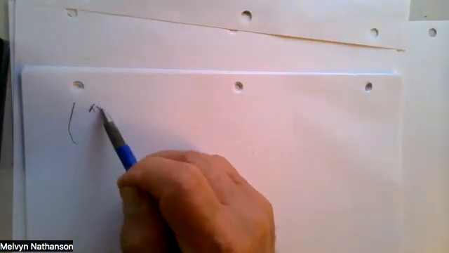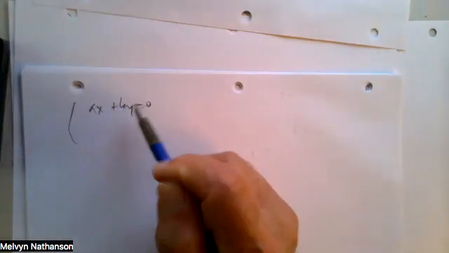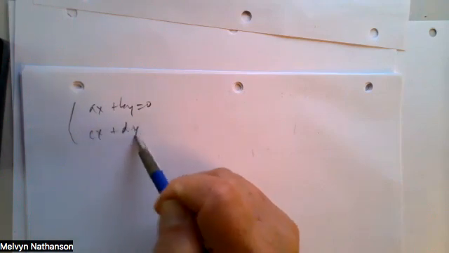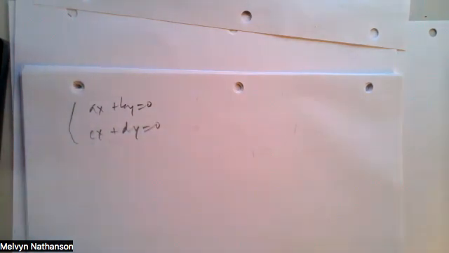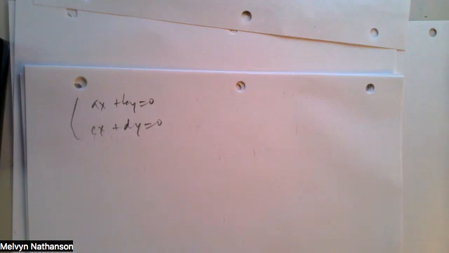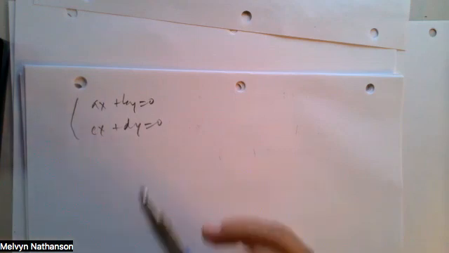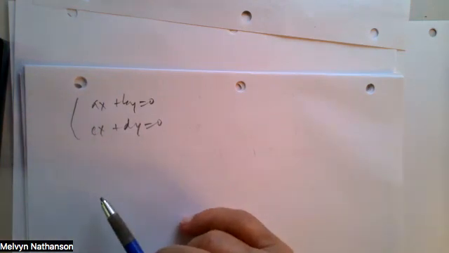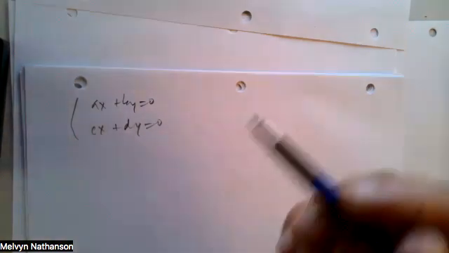I'm interested in the equations AX plus BY equals 0, CX plus DY equals 0. Let's just look at a simple case.